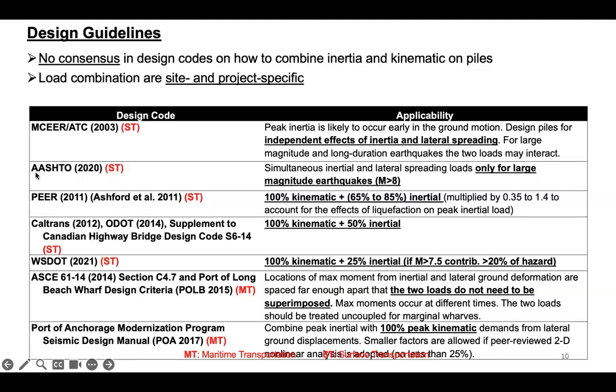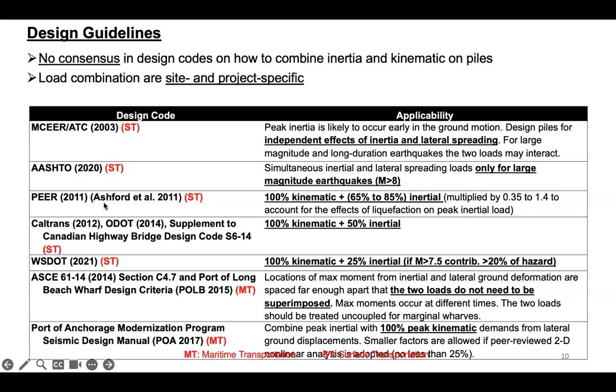The current AASHTO LRFD does not recommend combining the loads. It does mention that simultaneous effect of the two loads may be considered only for large magnitude earthquakes, magnitudes greater than 8. And I'll be talking about this in a little bit.